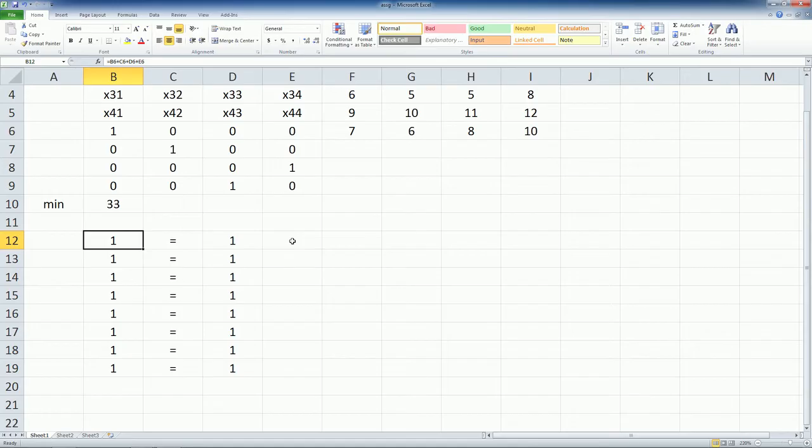This is B6 plus C6 plus D6 plus E6, which is this plus this plus this plus this should be equal to 1, which means the first person gets only one job, the second person gets only one job, that is given here. The third person gets one job, the fourth person gets one job, that is the fourth constraint.